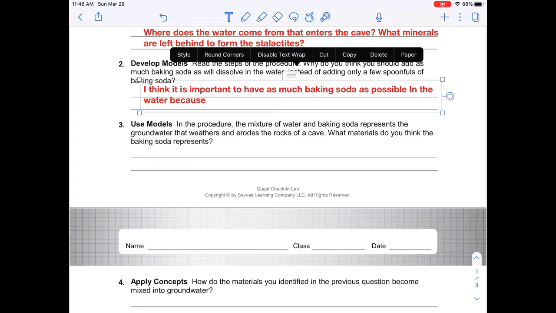So what is the reason we're using the baking soda? What is the baking soda going to help us do to create these stalactites and stalagmites?